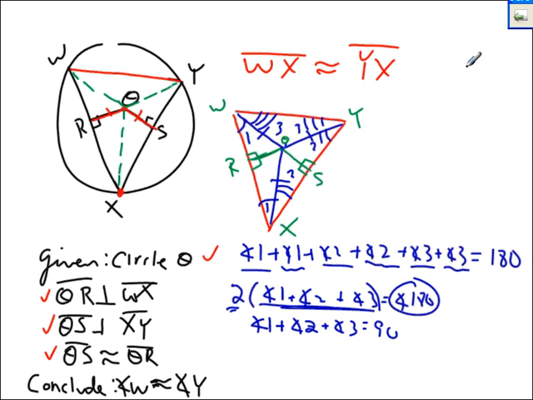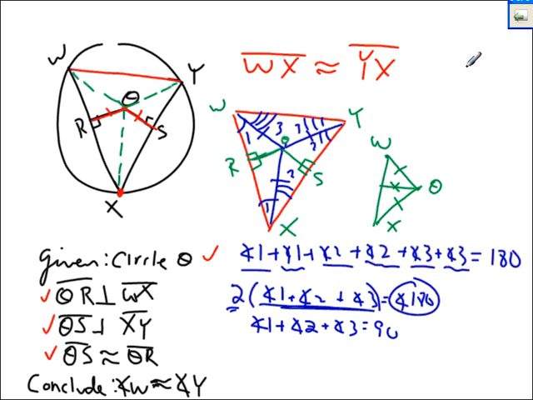Remember, the center is O. If you look at W, O, X, this triangle here, actually these two triangles, this equals itself.